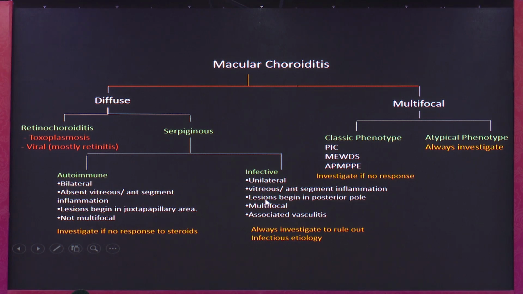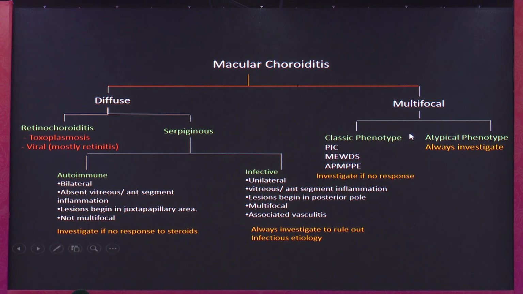And I always said, how to differentiate these. If it is autoimmune, you don't have to start investigating, but if the patient is not responding to steroids, do investigations to rule out infections. If you think of infective, always investigate to rule out infective etiology.